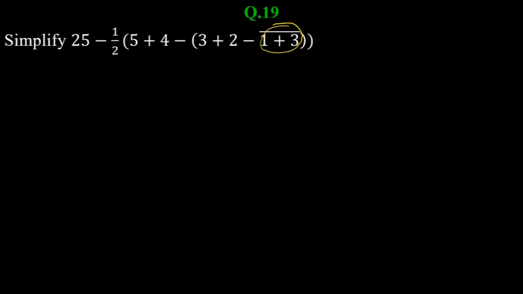Moreover, the catch is that when you do these calculations and this vinculum is only on 1, this negative sign will not be considered in vinculum. So this will be solved as 1 plus 3 equals to 4. You will not solve it as minus 1 plus 3.